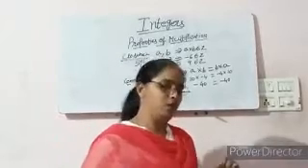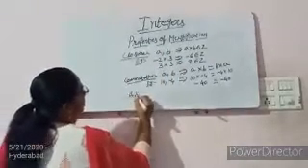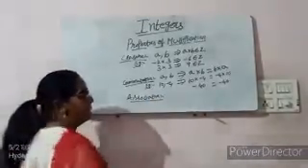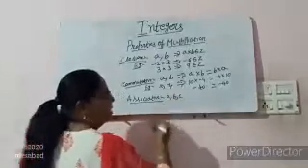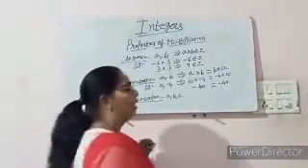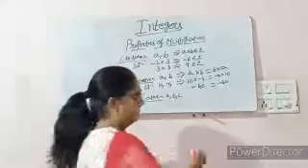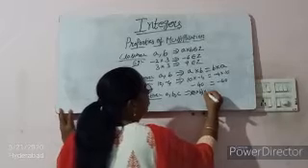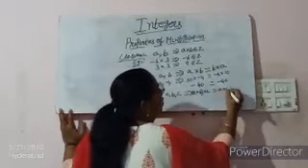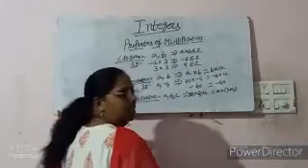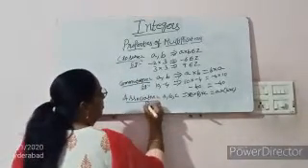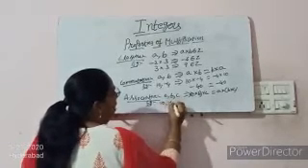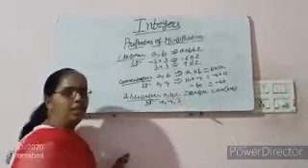Now coming to associative property. Here you will take three integers. A, B and C are three integers. Then if you change the grouping of the numbers, A into B into C is equal to A into B into C with the grouping changed. Let us check this with an example. If I take integers as 10, -4 and 3, these are the three integers.